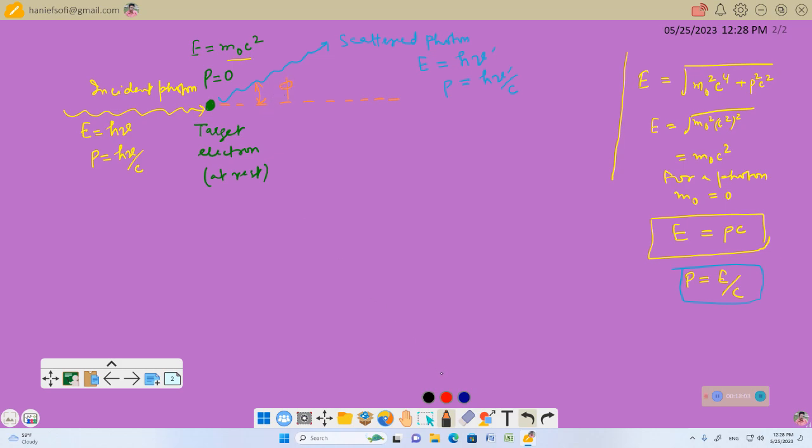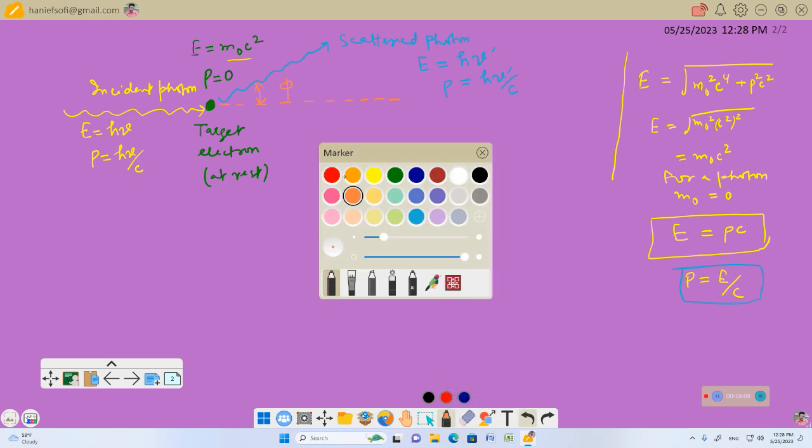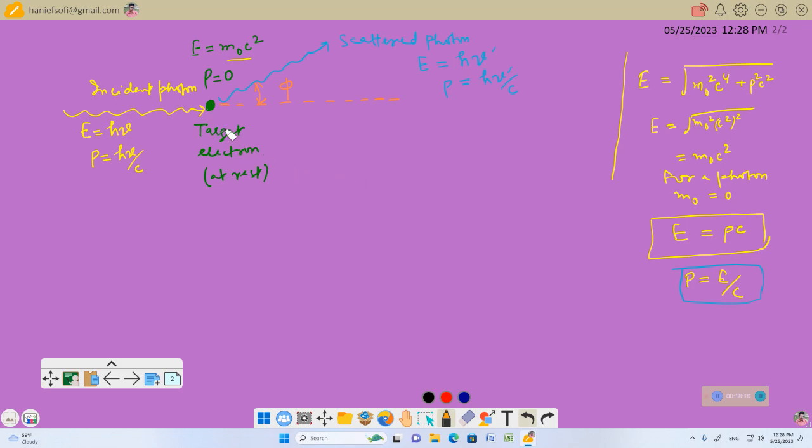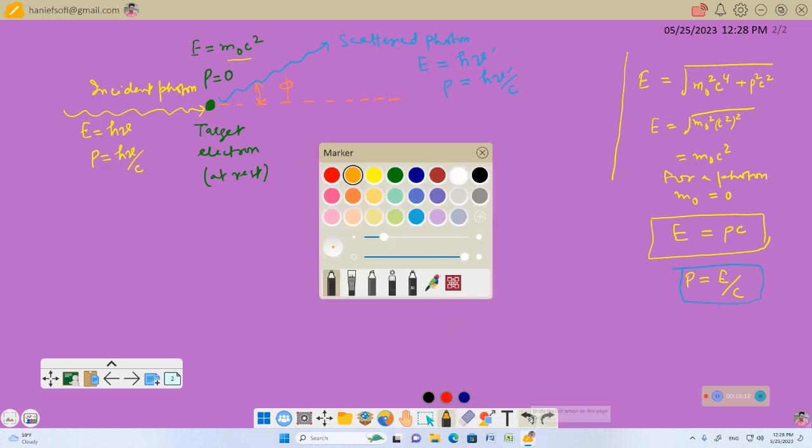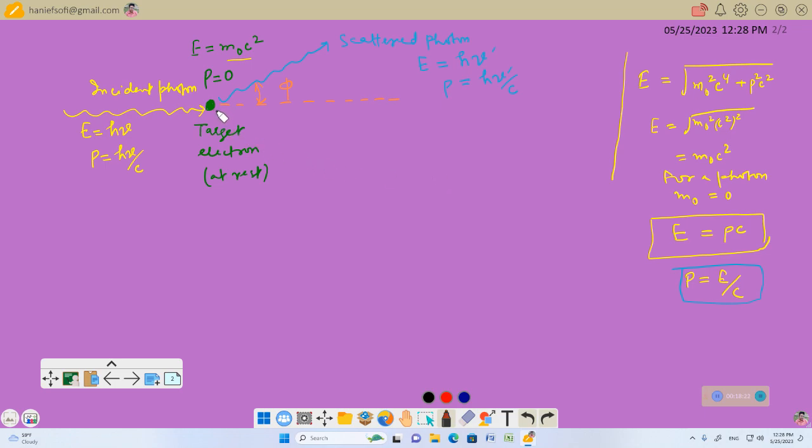Now, the electron also gets scattered. I should use some other color. Let me use maroon. So the electron gets scattered in some other direction. So this is my scattered electron.